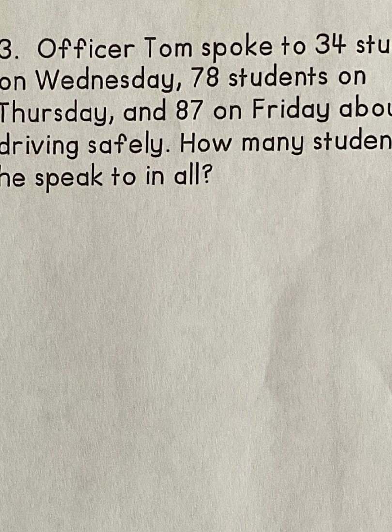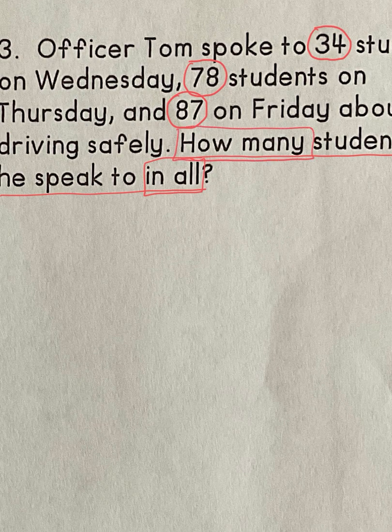Officer Tom spoke to 34 students on Wednesday, 78 students on Thursday, and 87 students on Friday about driving safely. How many students did he speak to in all? All right, this is pretty simple. How many in all? So we're just going to take the 3 numbers, the 34, the 78, and the 87, and we're going to add them. We're going to add 2 at a time.